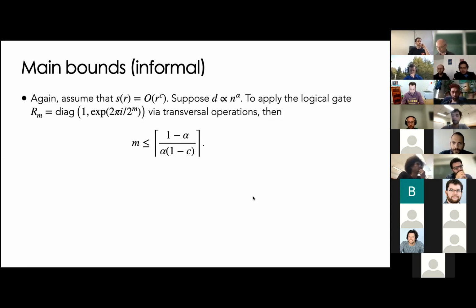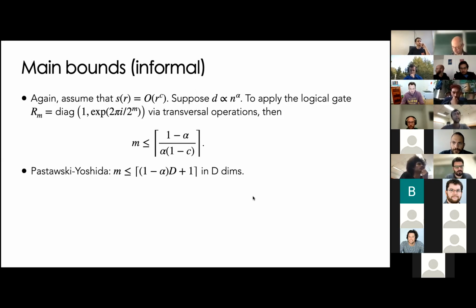Now, if you're looking at it for the first time, of course, it's going to look funny. But just to help you get a handle on this, let me also provide the Pastawski-Yoshida bounds, stated in this language. As Ben pointed out, if you were to have a d-dimensional code, the size of the separator, the constant c, goes roughly as 1 minus 1 over d.